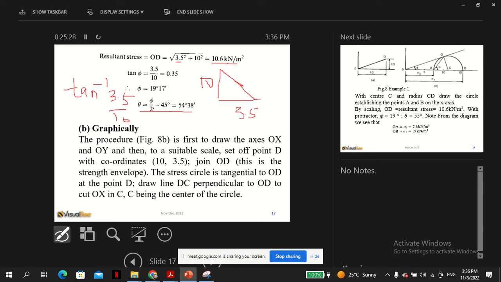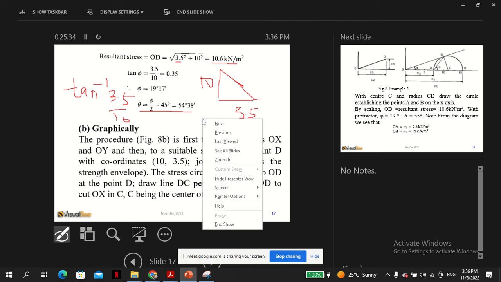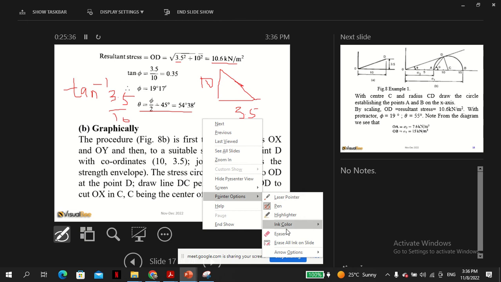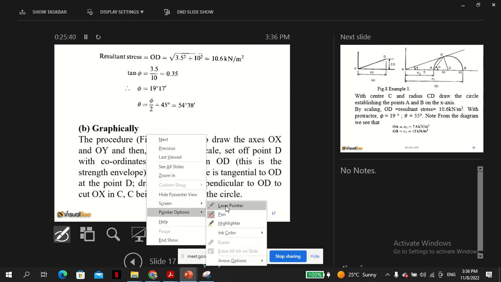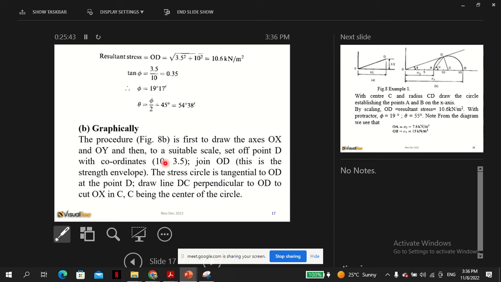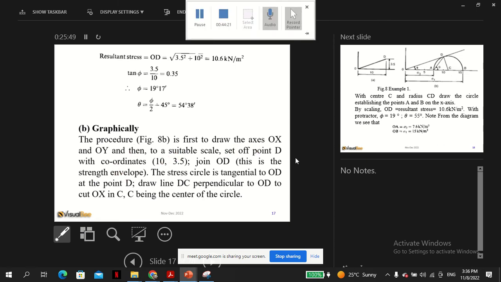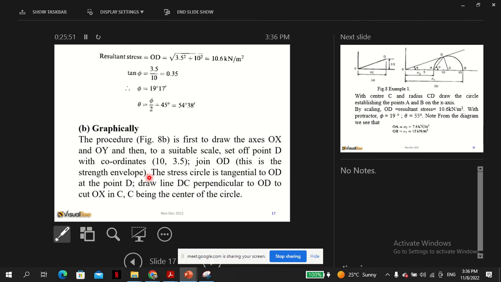Now in terms of the graphical approach, the procedure in figure 8b is first to draw the axes x and y, then choose a suitable scale, set off point D with coordinates 10, and join OD.